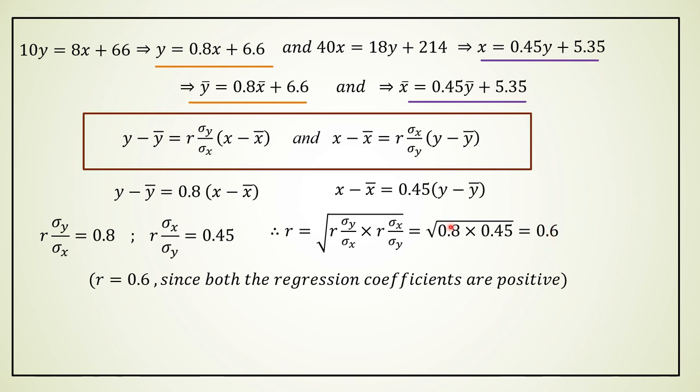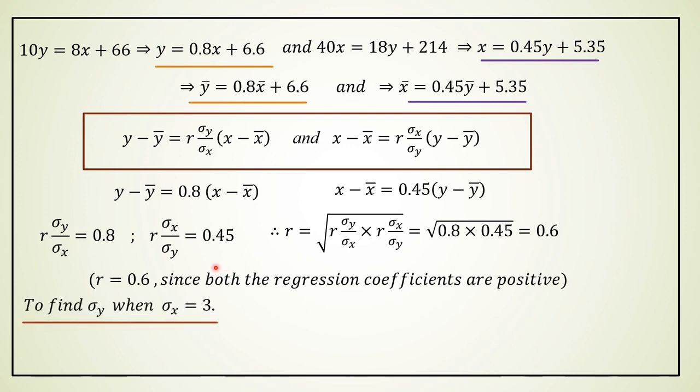Okay. However, the square root of 0.8 into 0.45 is actually plus or minus 0.6, isn't it? But we are taking the positive value since both the regression coefficients are positive here.